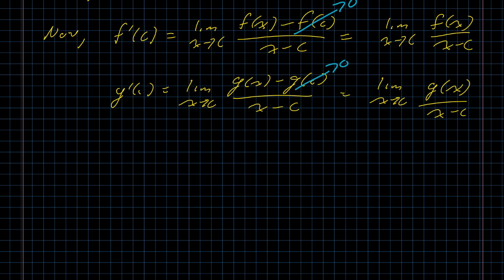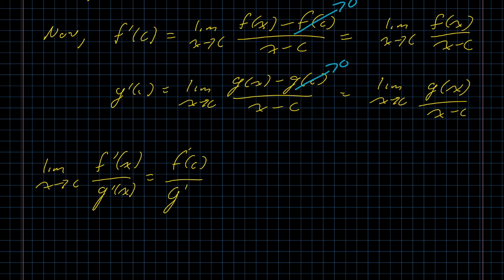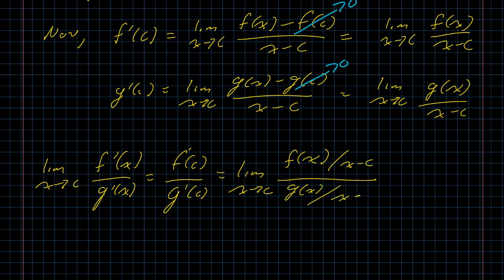Now, if I want to take the limit as x approaches c of f prime of x over g prime of x, that's going to be f prime of c over g prime of c, which is the limit as x approaches c of f of x over x minus c over g of x over x minus c.